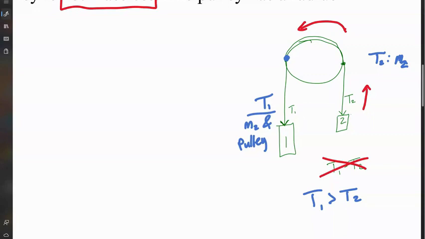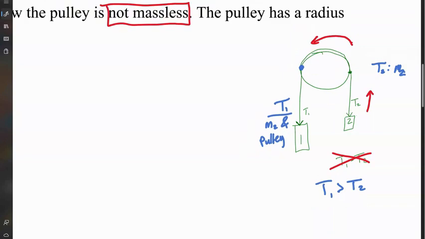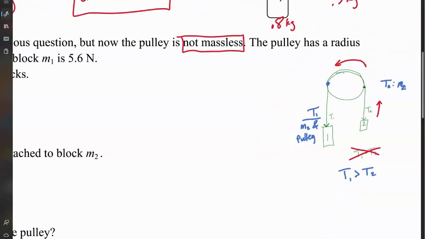When the pulley is not massless, tension 1 has to pull both M2 and the pulley, whereas tension 2 just pulls M2. So all of a sudden, we can't look at the system as easily anymore, because tension 1 and tension 2 are different from each other.